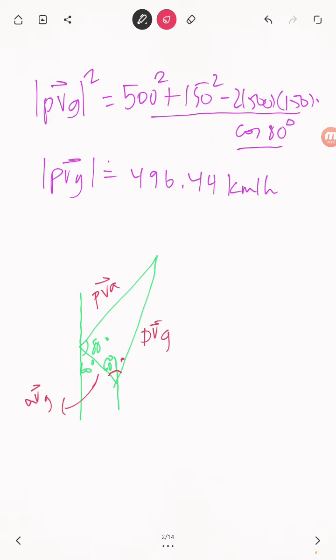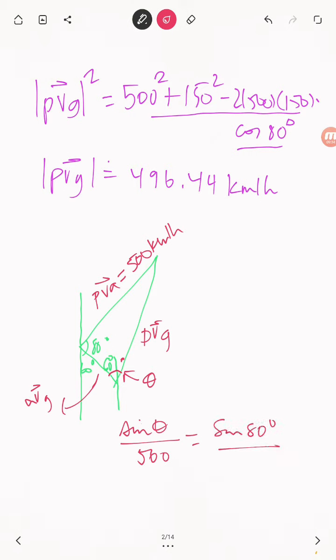So let's call the angle that I want to find here in the triangle theta. Then in that case, the sine of theta over the side across from it, which was PVA, which we know had a magnitude of 500 kilometers per hour. So sine theta over 500 is equal to an angle that I know, which is 80 degrees, the sine of 80 degrees, over the side across from it, which I just found the magnitude to be 496.44.